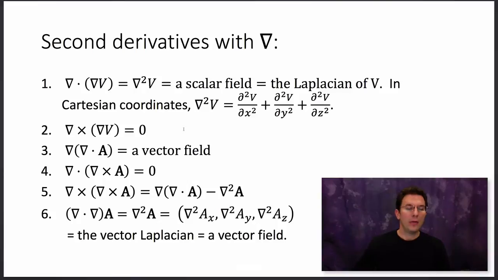Okay, if you take the gradient of a scalar here, remember this will result in a vector, and so you can operate on that vector with the dot product. And it turns out that if you take the divergence of the gradient of a scalar field V, you get an operator here that we refer to as the Laplacian. Again, think of it as very much like the second derivative.